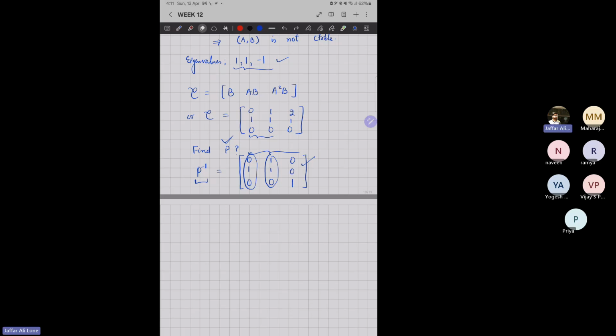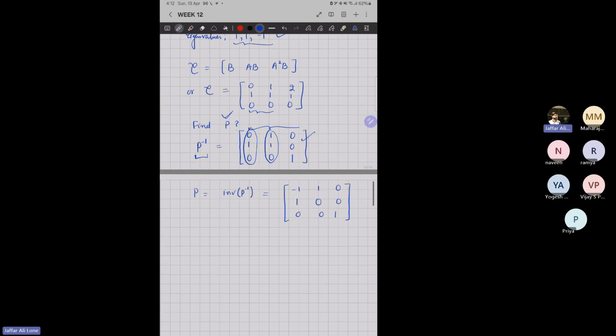So now I got P inverse. If I take the inverse of this P inverse, my P is equal to the inverse of P inverse. You can take it from MATLAB or a calculator, which also gives this inverse. So this is your P. Now your job is done.